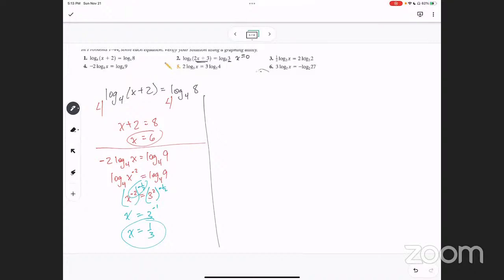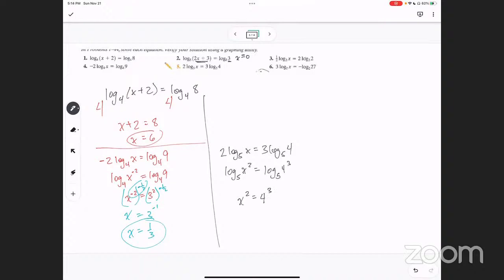For number 5, I'll write it down here. I'm going to convert each of these using the exponent rule, bringing that 2 up to the front and bringing the 3 up to the front. You follow what I'm doing here? And this means that x squared, exponentiating both sides to the base 5, x squared equals 4 to the 3rd.